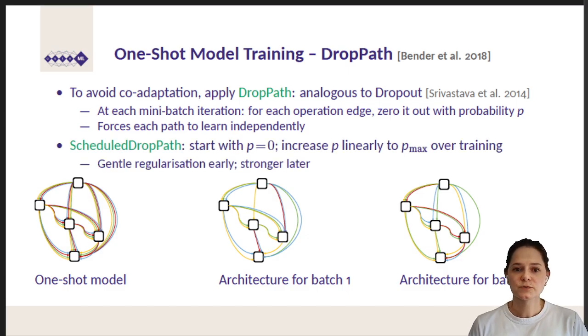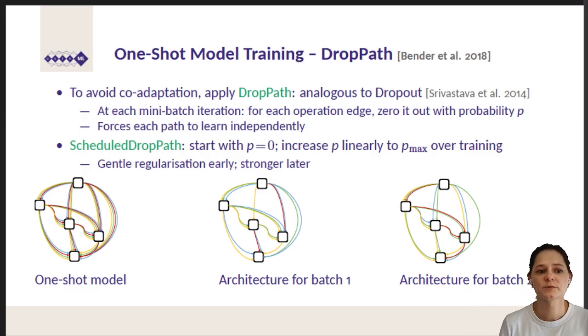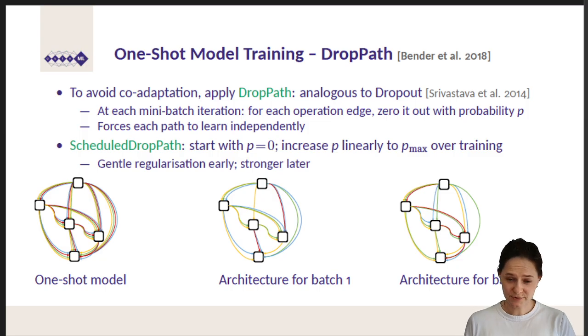Another idea is to schedule this probability by scheduled drop path. So we start with a probability being 0 and then increase the probability linearly to a predefined maximum probability over training. So the idea here is that at the very beginning, we want to get all the weights to a decent average performance, and over time actually increase the probability to relatively large values.